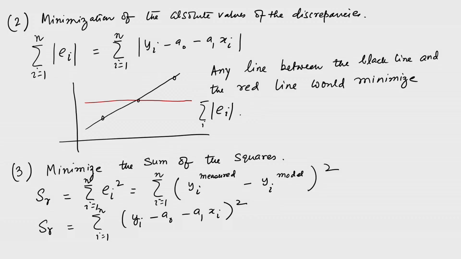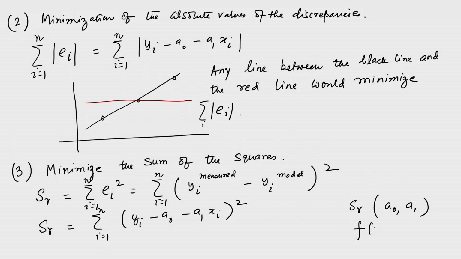Okay. It is important to note one thing here. SR is actually a function of two parameters, A0 and A1. Most of the times in physics and in other engineering disciplines or even in other science disciplines, one comes across a function which is only a function of a single variable, and we need to find the value of x for which it is minimum.